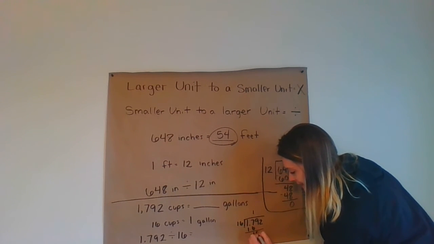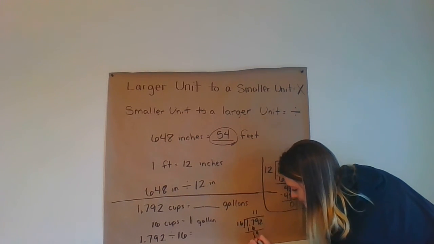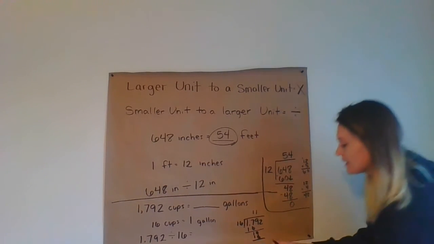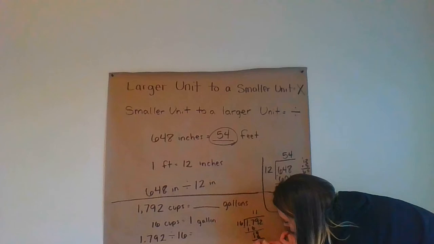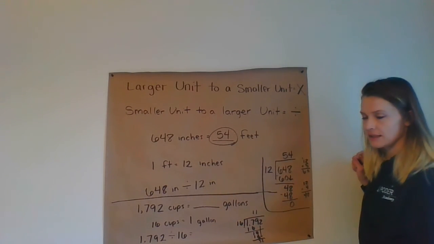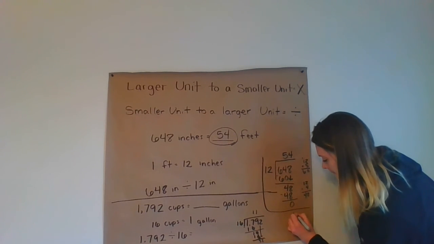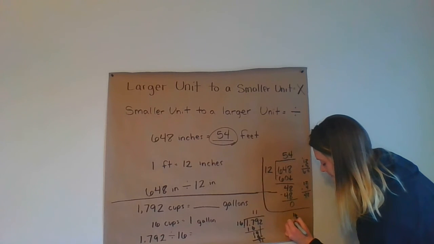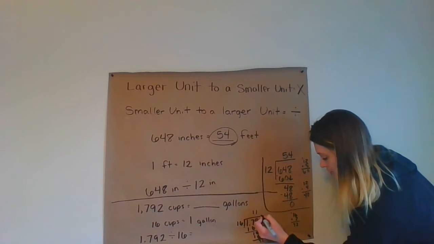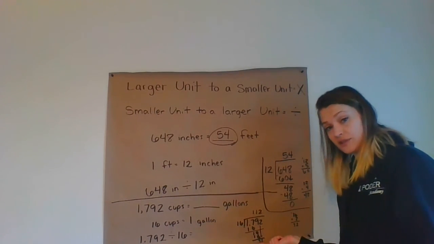Subtract that, and I get 1. Bring down the 9, 19. 16 goes into 19 once, and I get 16. 19 minus 16 is 3. Bring this down. 32. How many times does 16 go into 32? Well, 16 times 2 looks like it's 32 exactly. So, I'm not going to write on my wall, but 32 minus 32 is 0.